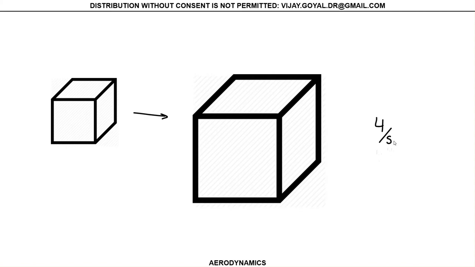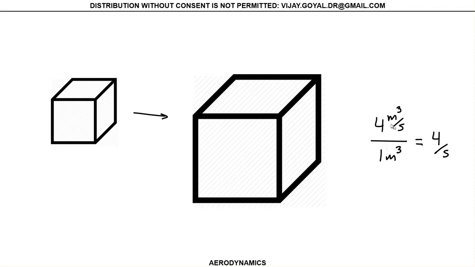Another way to look at this is, if you want to use meters, meters cubed per second, divided by 1 meter cubed. Okay, so that's how we get 1 over s.